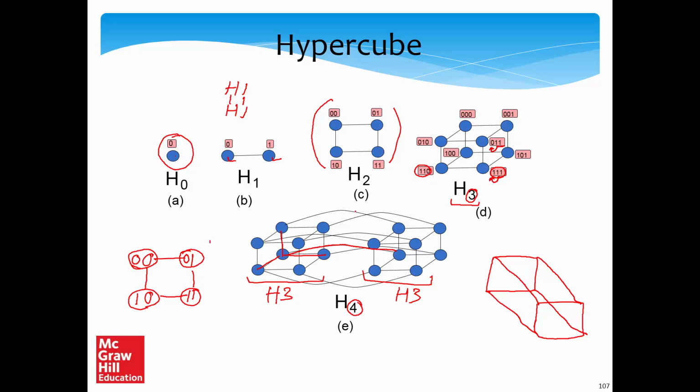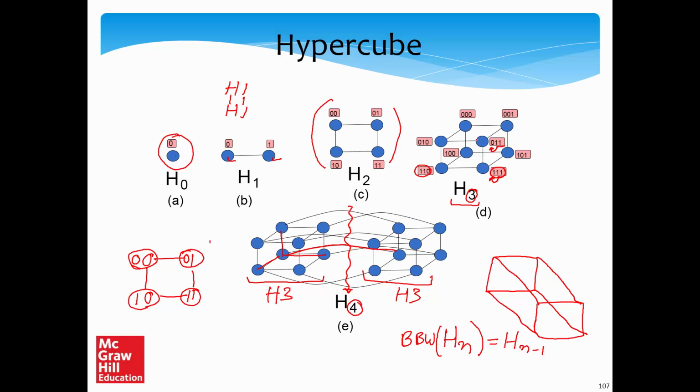So in terms of bisection bandwidth, we basically cut it over here. The bisection bandwidth of an order n hypercube, Hn, is essentially the same as the number of nodes of an Hn-1 hypercube.